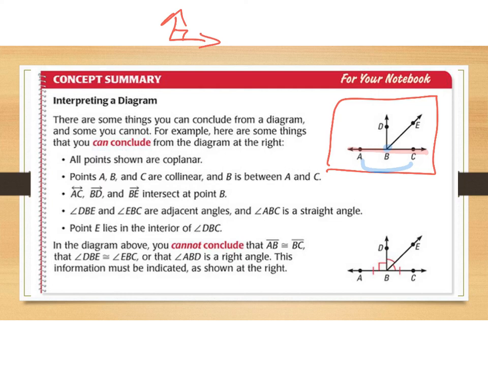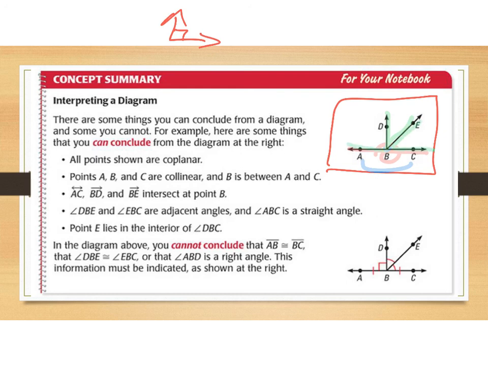The next thing that we can conclude is that line AC, ray BD, and ray BE all are intersecting at this point B. We can also see that we have some adjacent angles in the picture. We could see that angle DBE is right next to EBC.